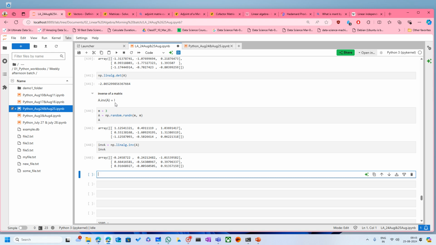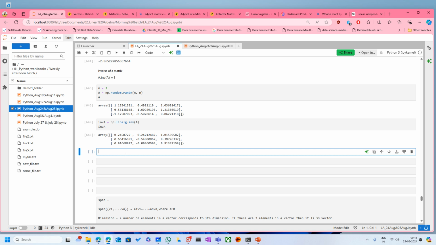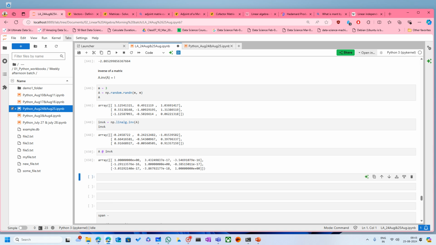Now what we are trying to understand is this: if you multiply A into A inverse, ideally it has to be the identity matrix.